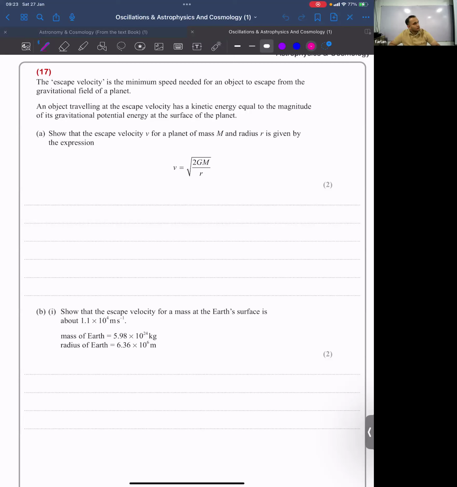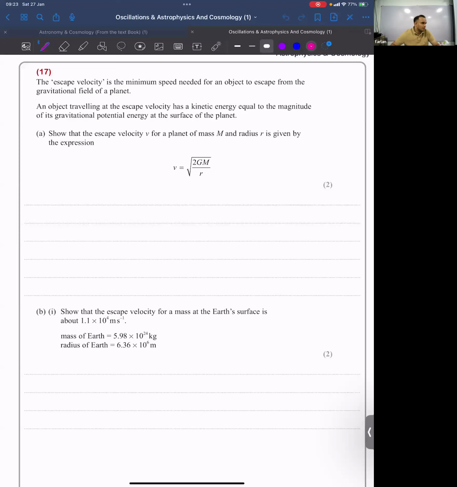So if you can throw it faster, and if that speed is sufficient to go beyond the atmosphere of the earth, to go beyond the gravitational field of the earth, then it won't come back to the earth. That speed, the minimum speed that is required to do this, is what you call escape velocity.